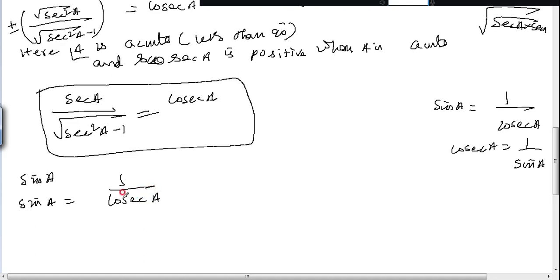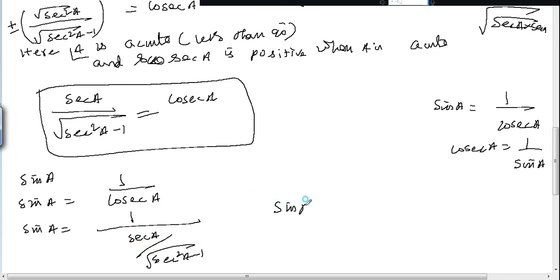Understand? But you have to write it in terms of secant. You found out cosecant here. So what will you write? Sin A equal to 1 by, what is cosecant A? Secant A by root of secant squared A minus 1. You have to write the reciprocal, isn't it?